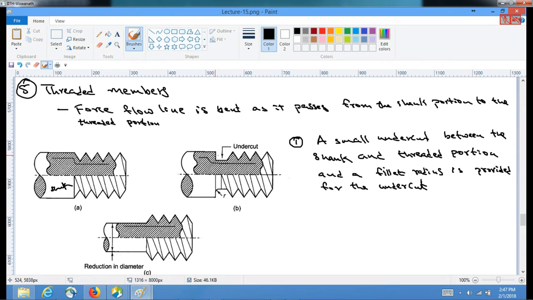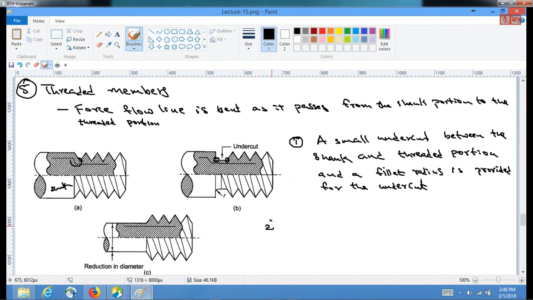So by providing undercut, instead of having an abrupt change like this, you will have a gradual change, and then so that these portions are not again showing up in the stress concentration, you need to give a small fillet radius. This is one manner.